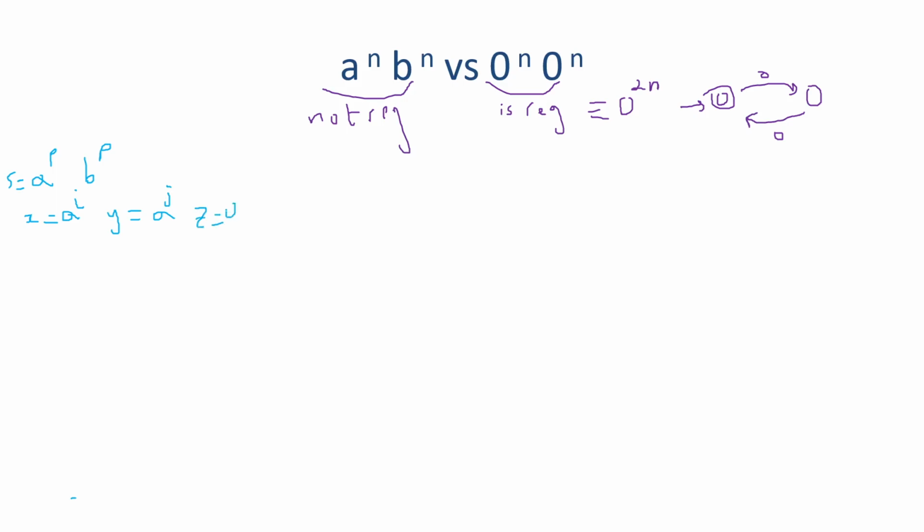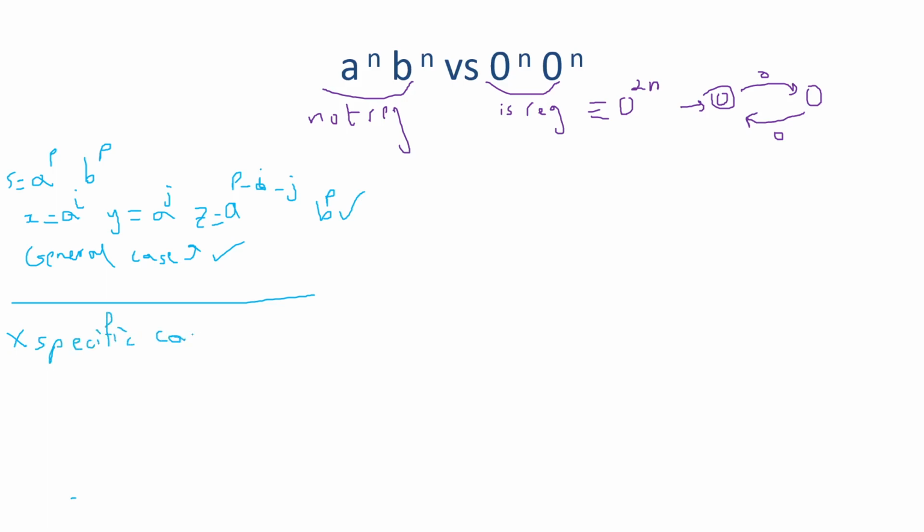So Z is A^(P-i-j) and B^P. So Z is everything else. This is the right way of doing it. This is the general case, so this covers everything. It's good. The wrong or bad way of doing this would have been going for specific cases.